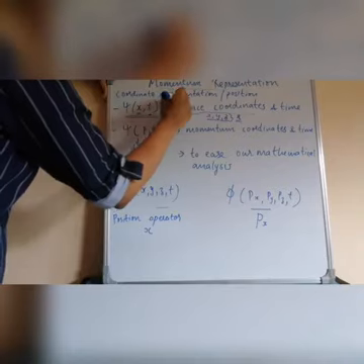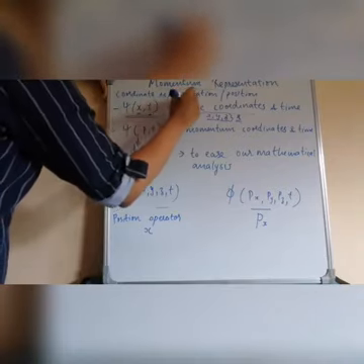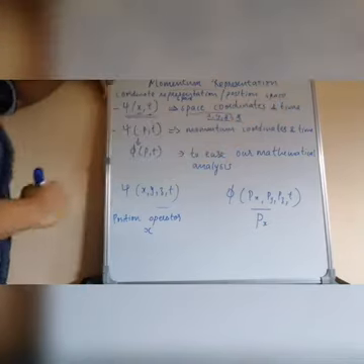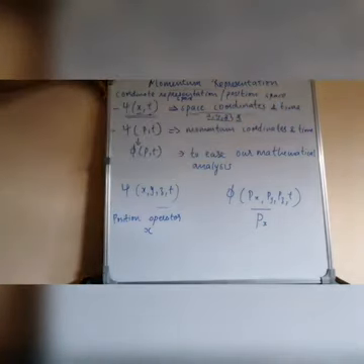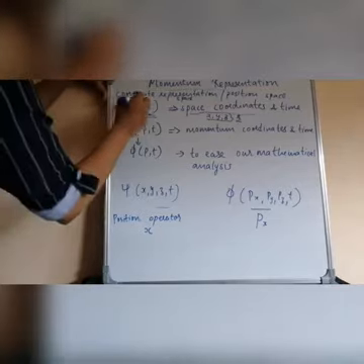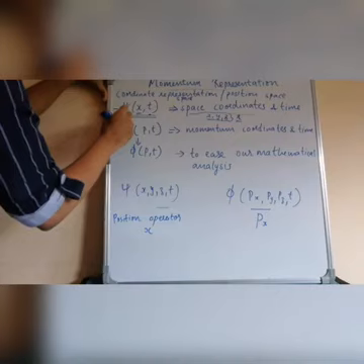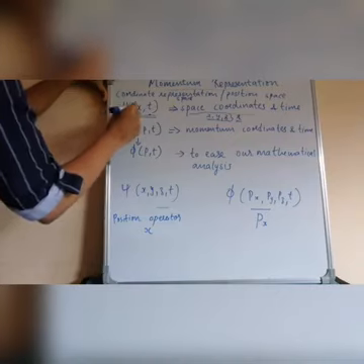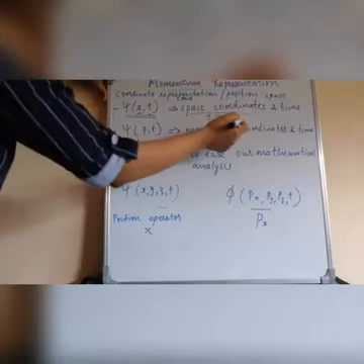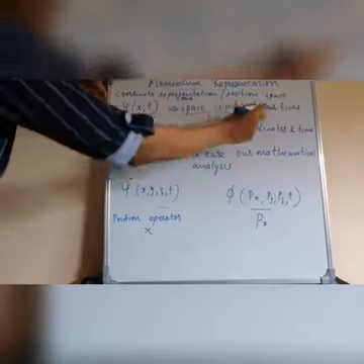Representation over a space, coordinate space, or a position space, or position representation. Okay. So in position representation we have the usual wave function, which is a function of either x, y, z, or in 3 dimensions we have r and time. So space coordinates and time.